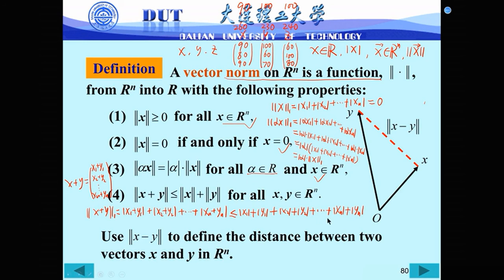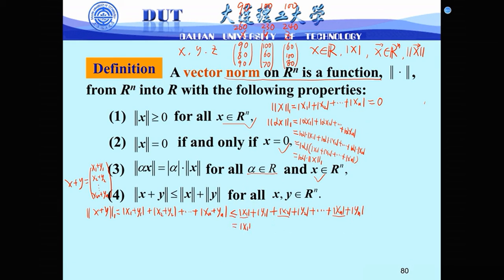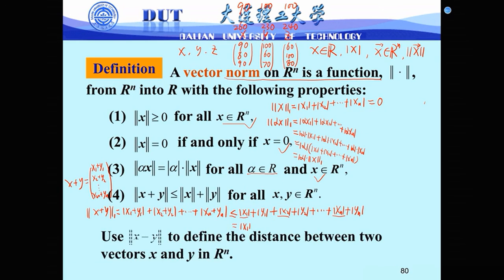It's okay? Now we can put the x terms together. Then it is the absolute value of x1 plus the absolute value of x2 plus dots plus the absolute value of xn, right? And the absolute value of y1 plus y2 plus dots plus yn.